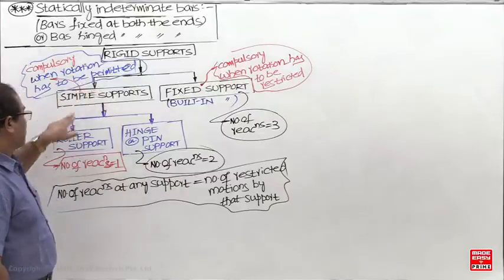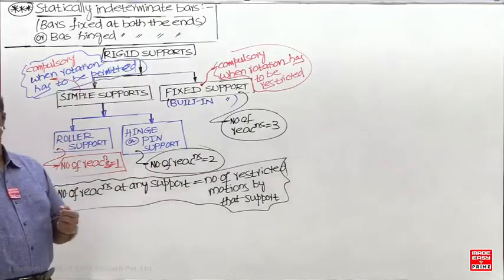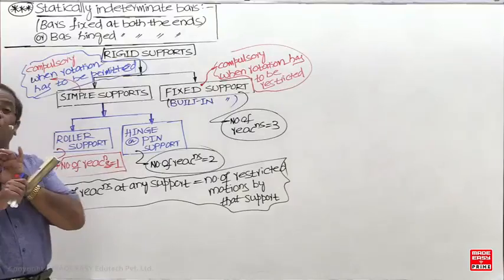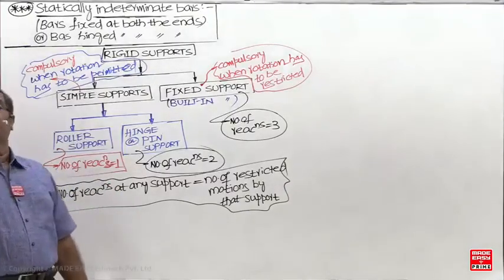When rotation is to be permitted, how many options are there? 2: roller and hinge. Then how to decide roller or hinge? For a door attached to a door frame, you need only rotation.